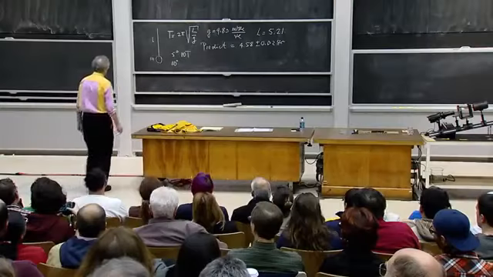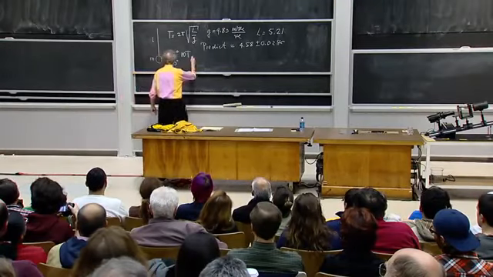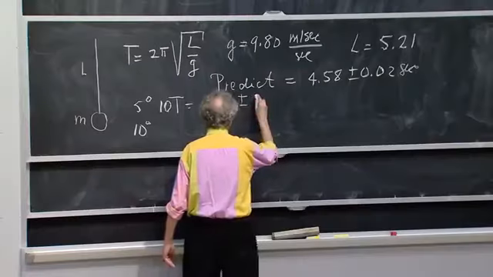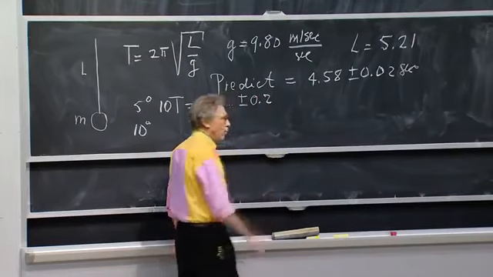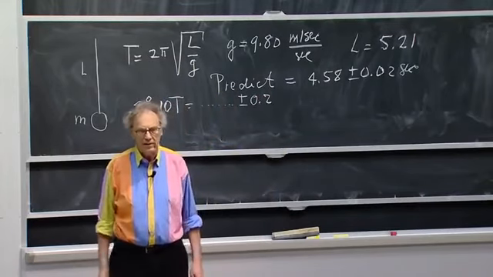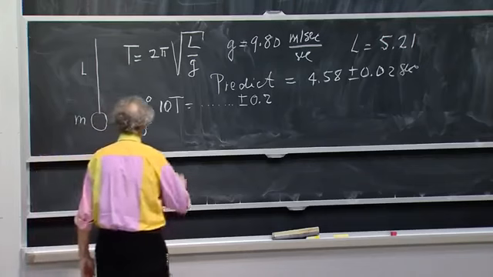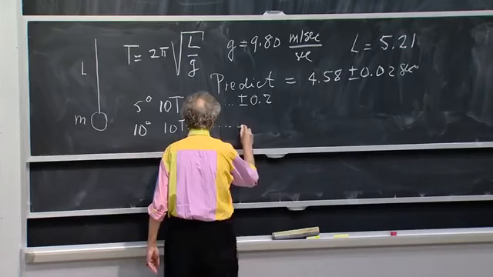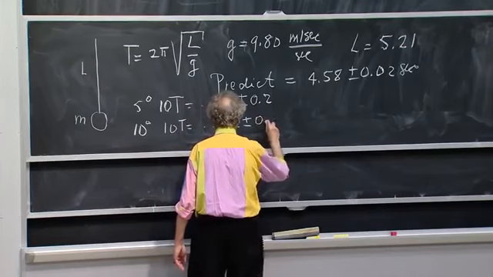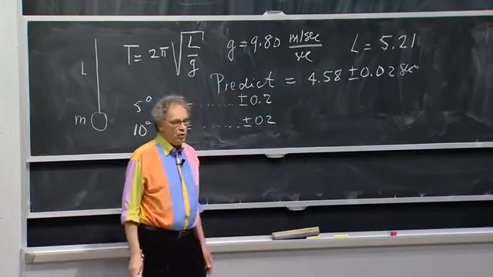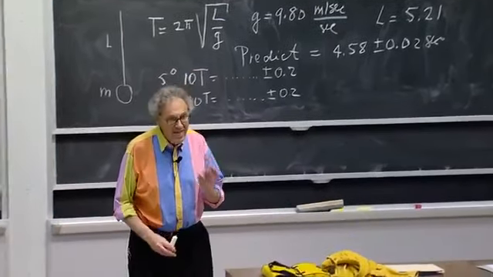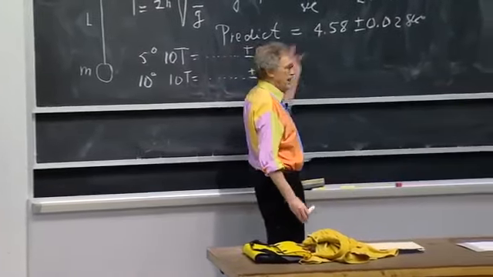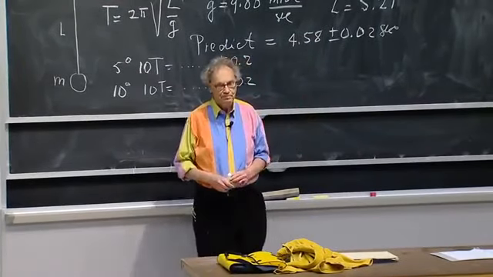So the 10T is then going to be some number plus or minus my own inability, which is my 0.2 seconds reaction time. I can't change that. And so then I do it at 10 degrees, and then we get again 10T, a number, plus or minus 0.2 seconds. And I'm going to demonstrate to you that within the uncertainty of the measurements, I get the same numbers in all 3 cases.